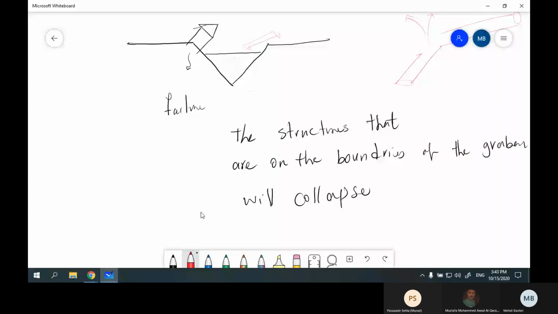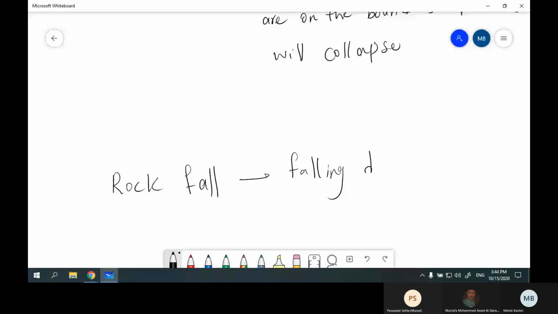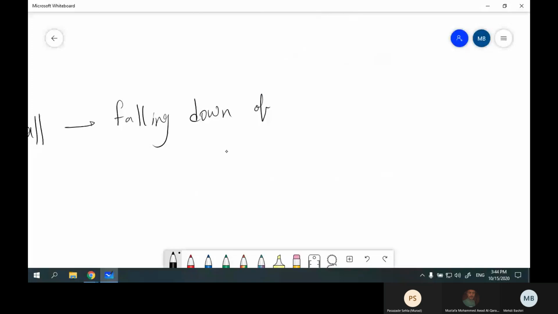The third one is rock falling. Falling down of rock pieces from mountains or hills. It is obvious.